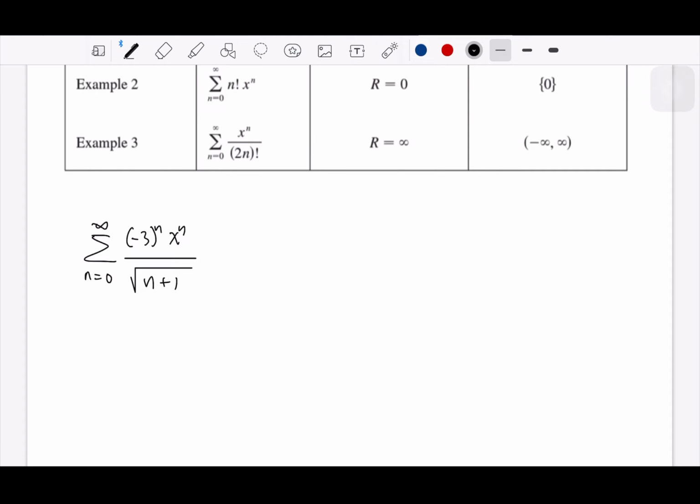The first step for all power series, we take the ratio test, we observe the radius of convergence, and we find the interval of convergence. So maybe the question is find R and the interval of convergence.